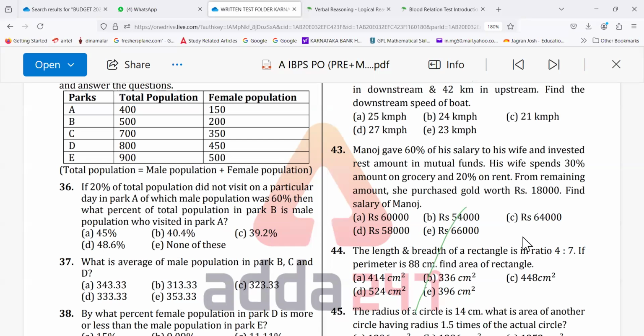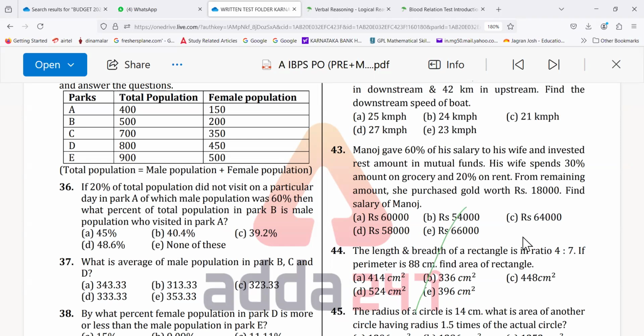Let the salary of Manoj be 100x. Then how much is he giving to his wife? 60x. Then she spends 18,000 on gold. So 60x into 50 by 100 is equal to 18,000, or x is equal to 600. What is the salary of Manoj?